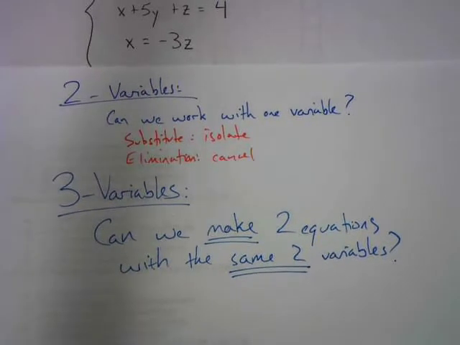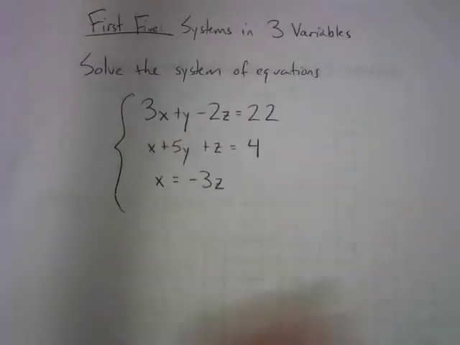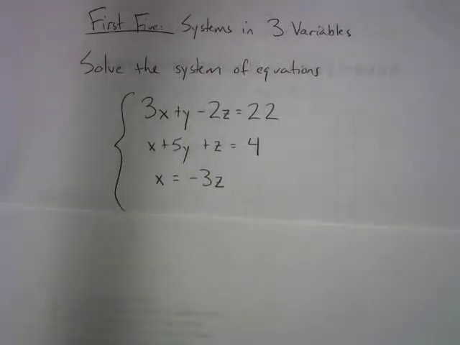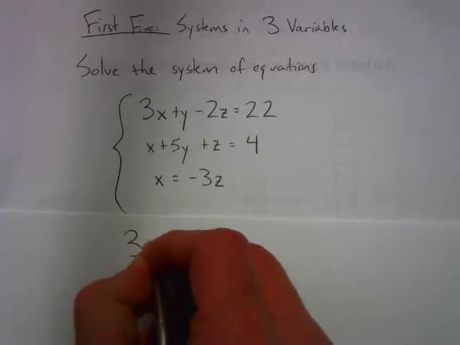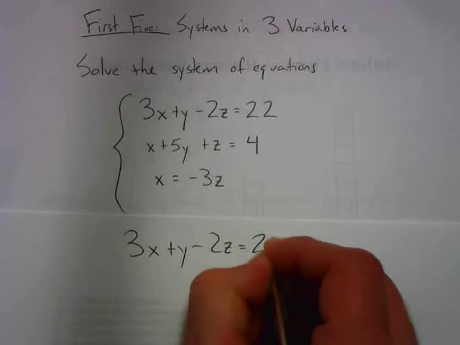So we have a system in 3 variables. Can we make 2 equations with the same 2 variables, and then go from there? You'll see what to do. It will totally be revealed. So we have our crazy looking system. We've got 3 crazy looking equations, 3 variables. So our first equation, 3x plus y minus 2z equals 22.